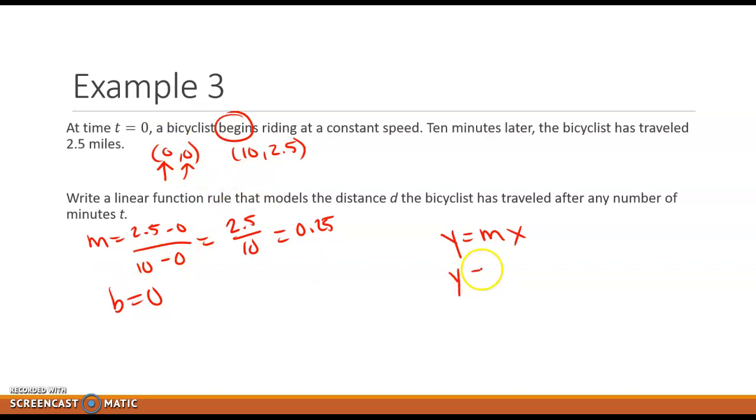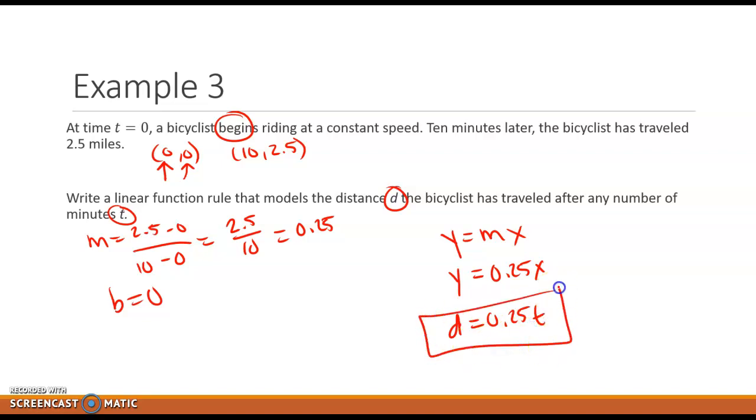So here we have y equals our m is 0.25 and then we put our x. Now it wants us to write it as a function of d and t. So d is going to be my y. Our distance is 0.25 times our time, and that is our final equation. And that's how it works.